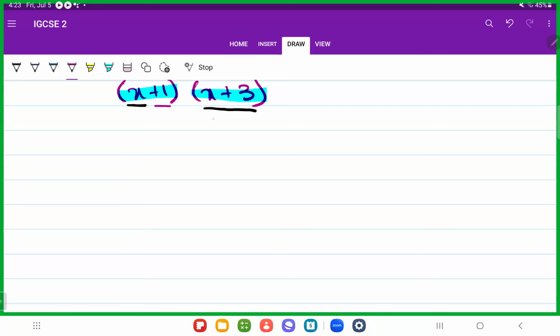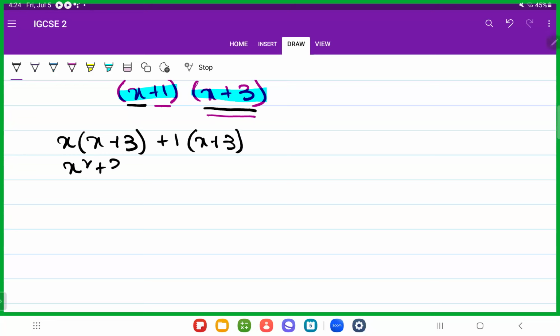So let's multiply x with the whole bracket first. So x times x plus 3 becomes x squared plus 3x. Then this becomes x plus 3, right? So this becomes x squared plus 4x plus 3, right?